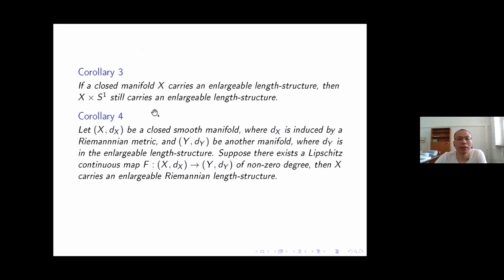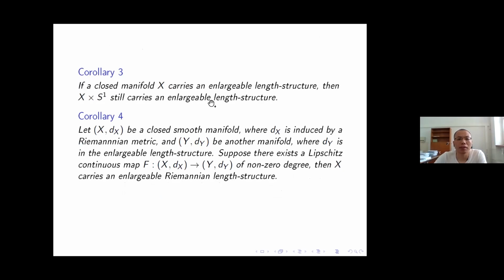So we have the corollary that if a closed manifold S carries an enlargeable length structure, then the manifold S cross S1 also carries an enlargeable length structure.